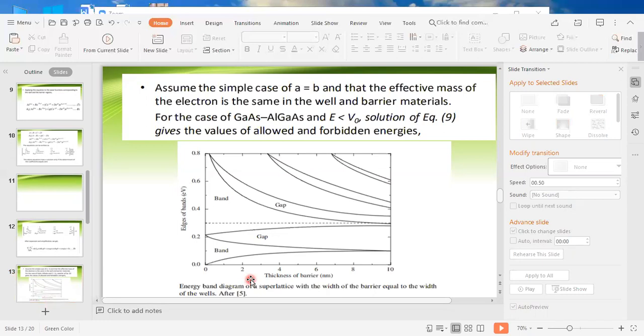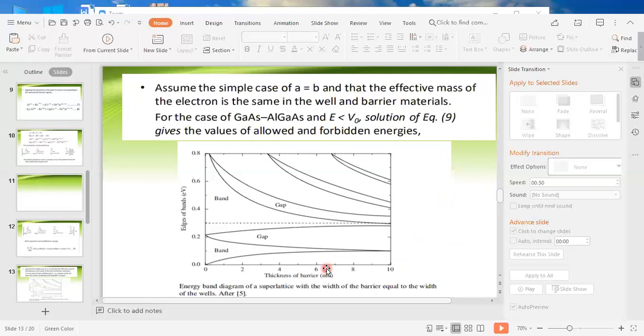Okay, so what exactly we find from the graph is that for values larger than 10 nanometer, electron energies are well defined and correspond to individual quantum wells. Means we can see discrete energy levels here after 10 nanometer. Means it behaves as a quantum well.